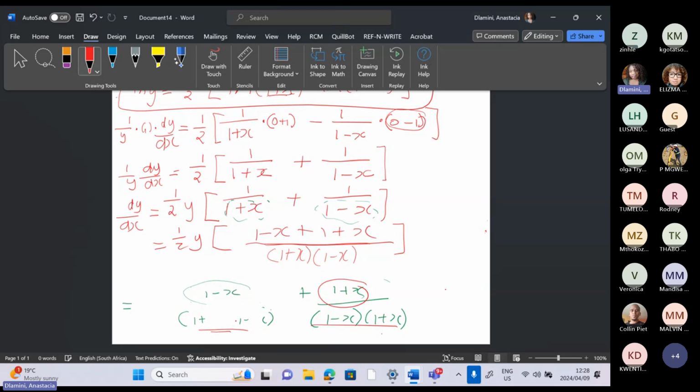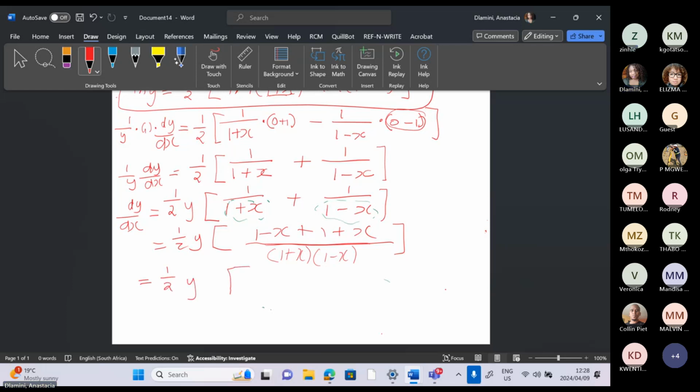So let's remove our rough work. Now this will be equal to 1 over 2y. This x cancels that x, so this is 2 over... Can we simplify that now? 1 minus x squared.